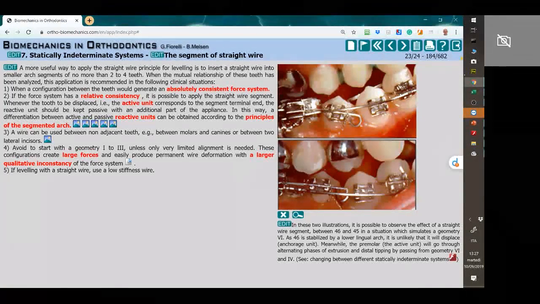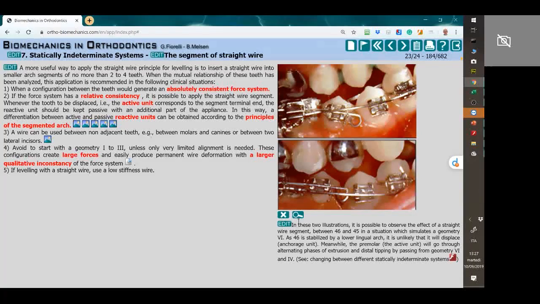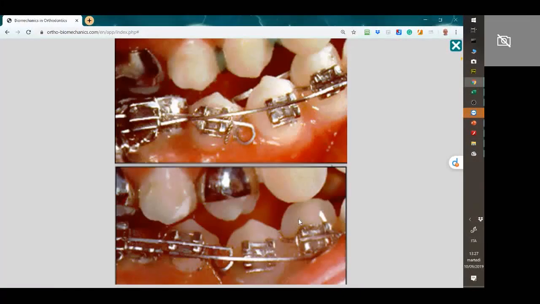Here is another condition again, where we have a high geometry. You see this V position. And we have the low geometry here, but here we don't have any Y connecting these two brackets.